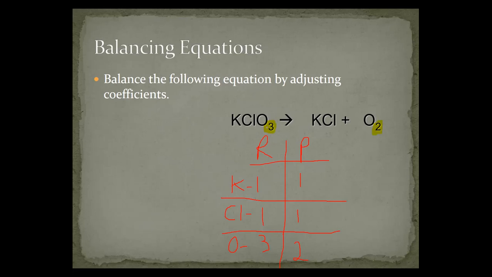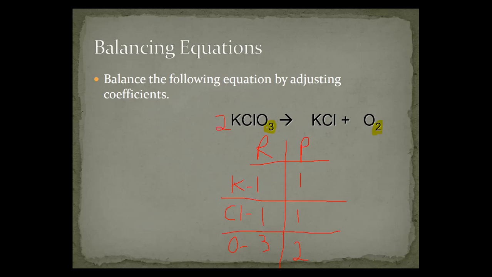Can I multiply any number by 2 to get 3? Any whole number? No. So my odd and even here create a problem. So what I'm going to do when I see something like this is, because I know I've got an odd number here, what's the easiest way to get an odd number even? You double it. So let's put a 2 out here and see what happens.